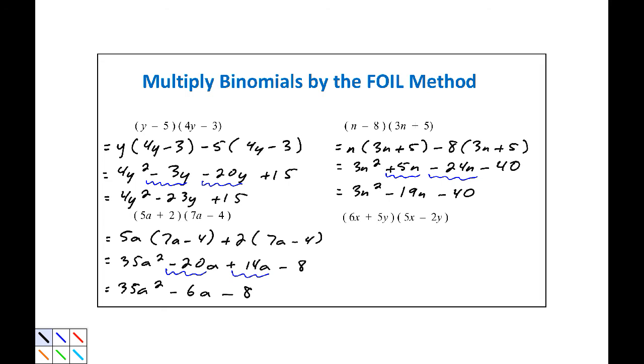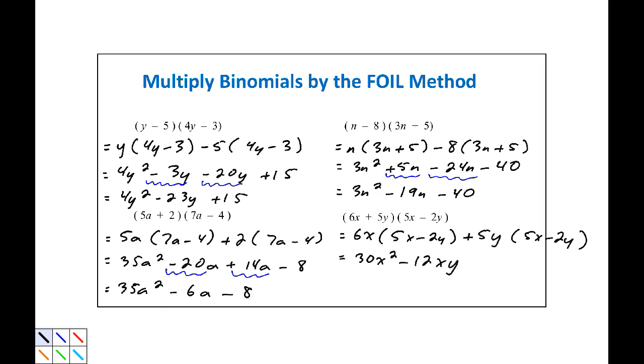Now the last example with the FOIL method is the quantity 6x plus 5y multiplied by the quantity 5x minus 2y. I would again write this as 6x multiplied by 5x minus 2y plus 5y multiplied by the quantity 5x minus 2y. Distributing 6x to 5x minus 2y would result in 30x squared minus 12xy.